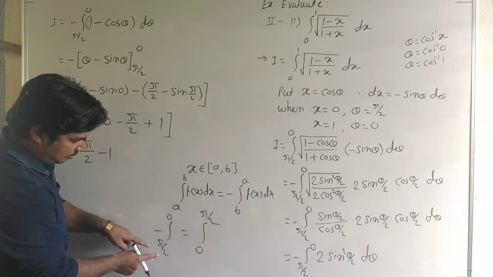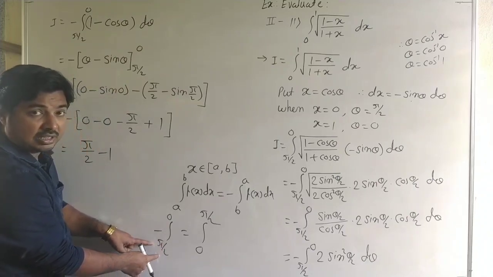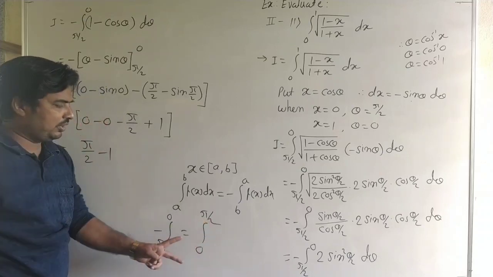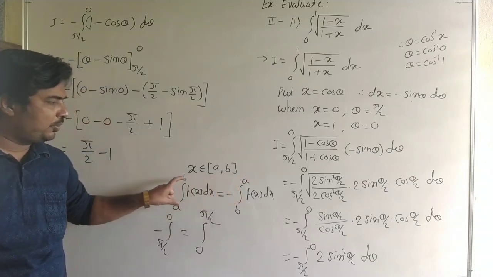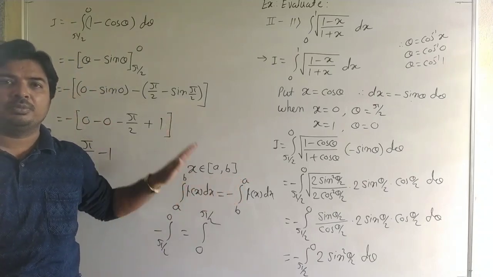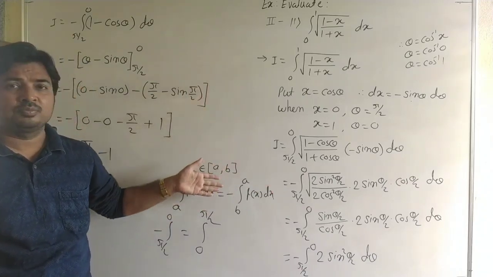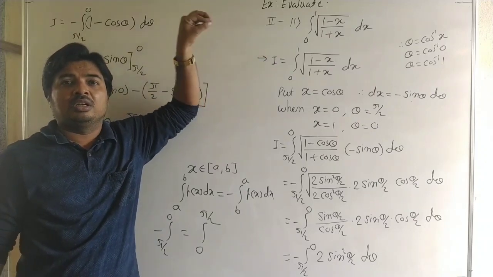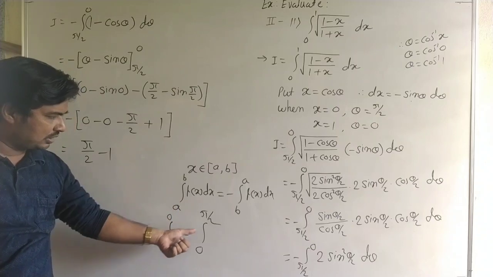Here it is minus pi by 2 to 0, where the lower limit is greater and the upper limit is small. Here 0 to pi by 2 is correct. Okay, this is a property of the definite integral. The properties of the definite integral we will learn in our next lecture, after the completion of the second example. We will learn the properties of the definite integral, and we use this property.